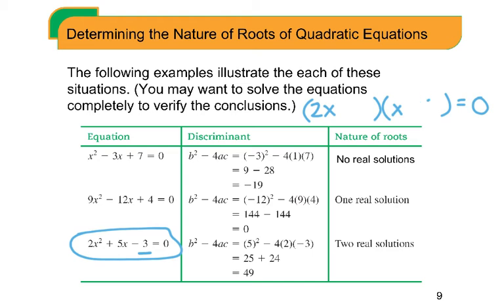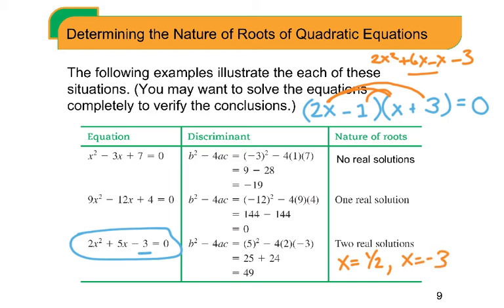But if I put the 3 here and the 1 here, and I put a plus and a minus, what do I get? I get 2x squared plus 6x minus x minus 3. And there we go. So the two solutions in this case are x equals 1/2 and x equals -3, just by solving these two linear equations.